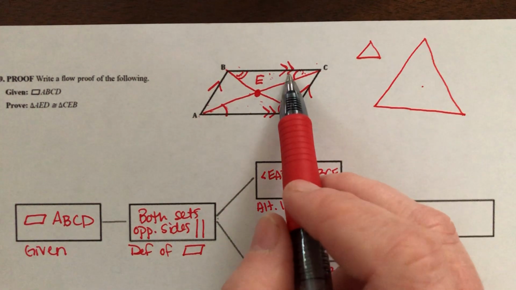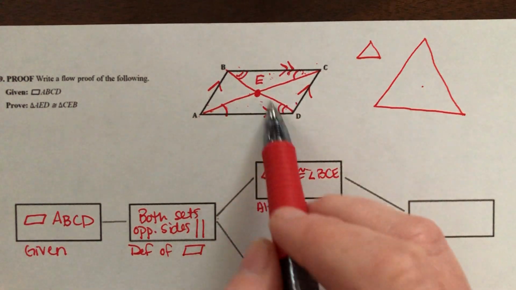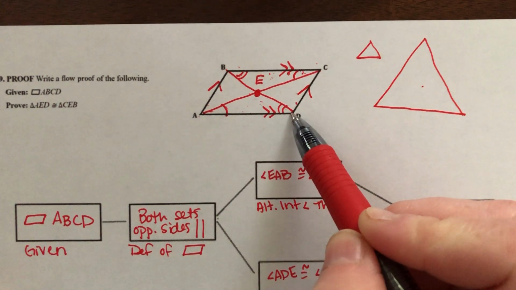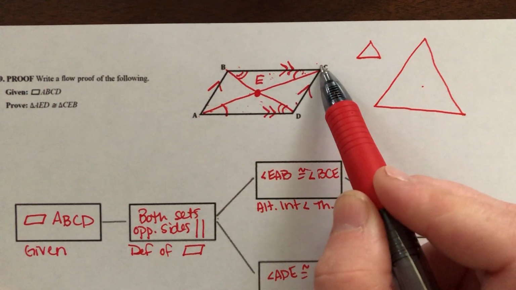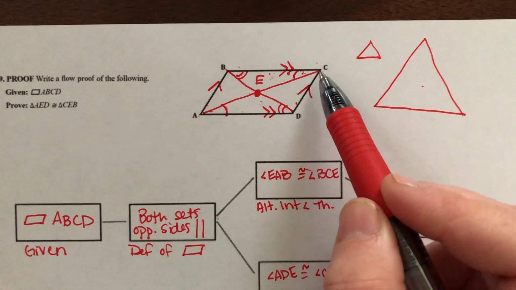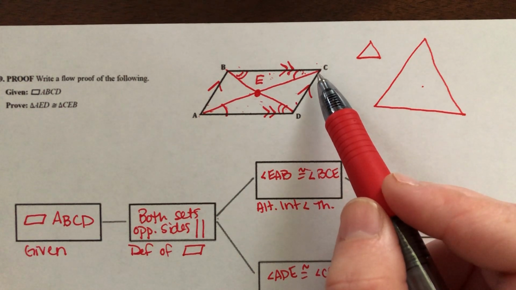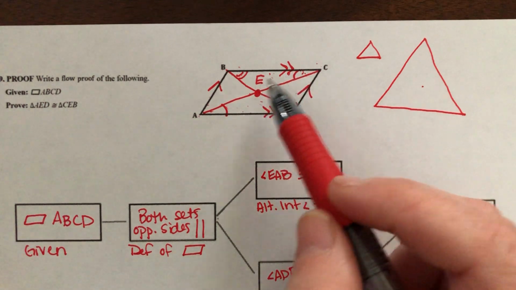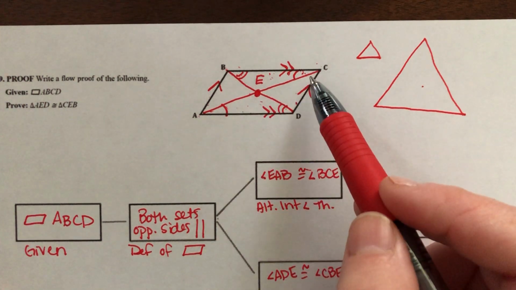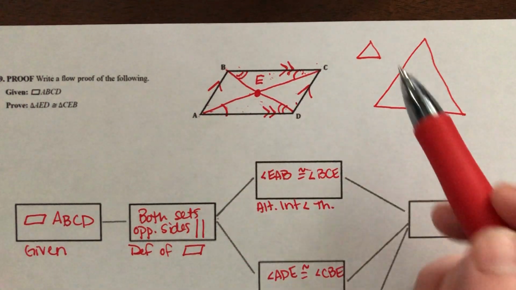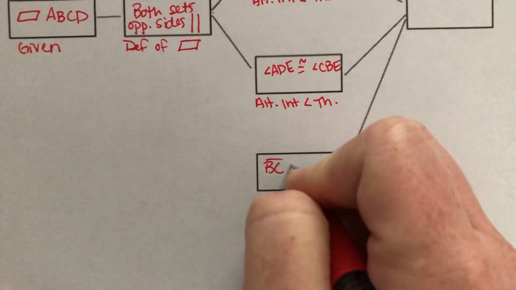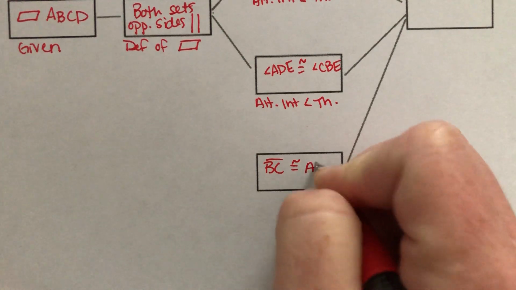So what's gonna help me prove that this guy is congruent to this guy? Well, I know this line right here is opposite this line, and lines that are opposite each other in a parallelogram are congruent. That was one of my rules in part 1 of this video. So BC is congruent to AD.